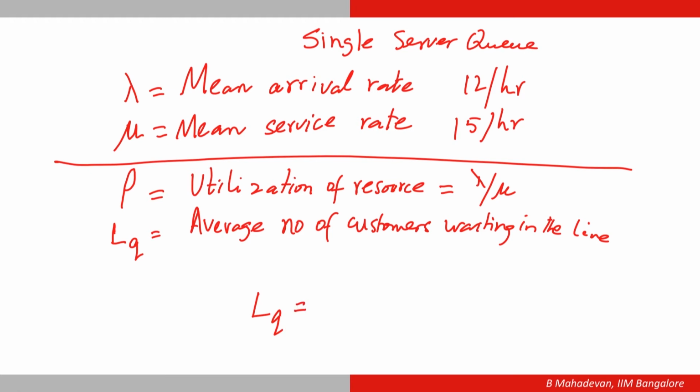LQ is a ratio of lambda square by mu times mu minus lambda. So, we will just use this formula. As we have seen, the queue length is a ratio of lambda square by mu times mu minus lambda.